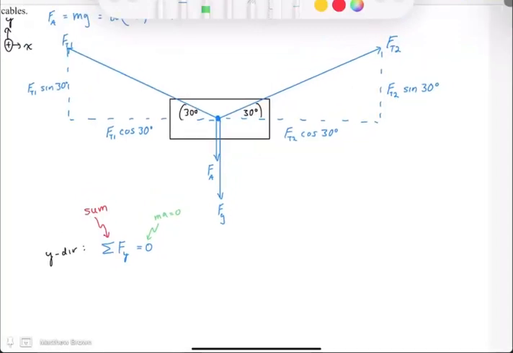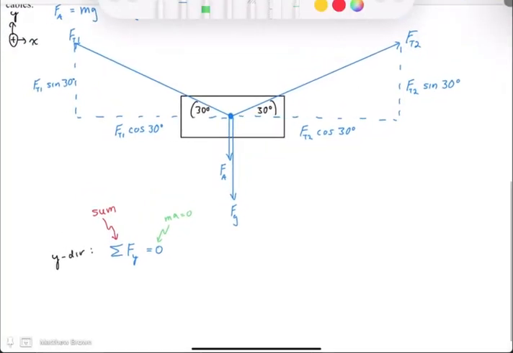So let's look at the first force in the y direction. That to me would be this first force of tension, so that'll be Ft1 sine 30 degrees. And then I'll have the same thing over on the other side, Ft2 sine 30 degrees.